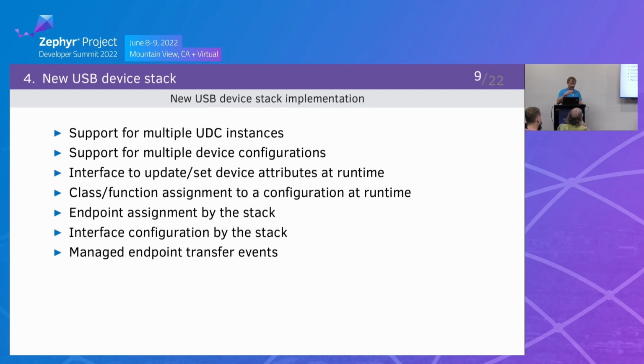So it's up to the stack to handle that with the lower layer, with UDC, whether that endpoint address can be used with specific attributes, or to select a new one.